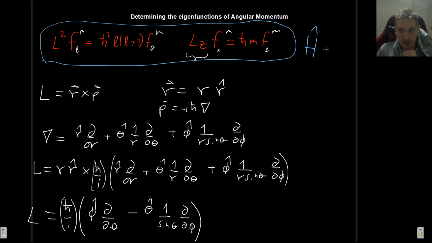Of the Hamiltonian operator. Right? So that means that since they have the same eigenfunctions, then the Hamiltonian operator commutes with these L squared and L_z operators.